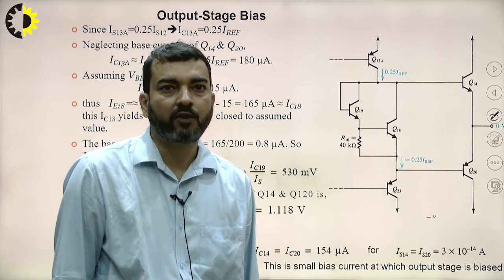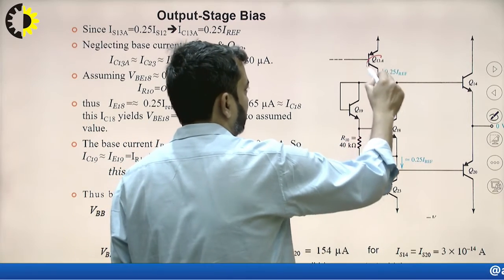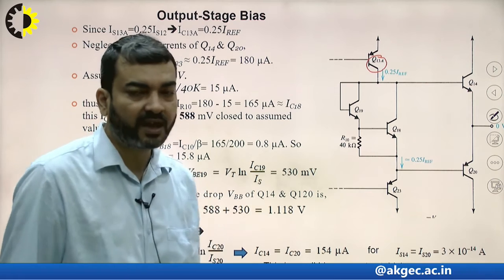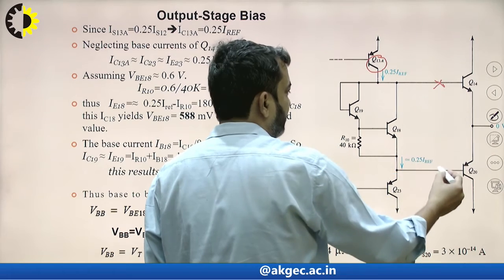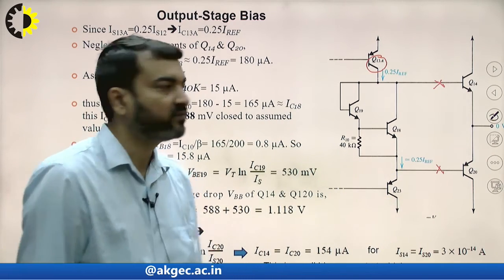Now coming to the output stage. Here it is biased by collector 13A. Again, assuming high beta, no current will flow in the bases of the output transistors Q14 and Q20.